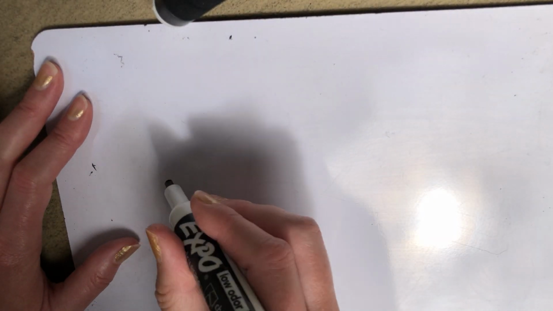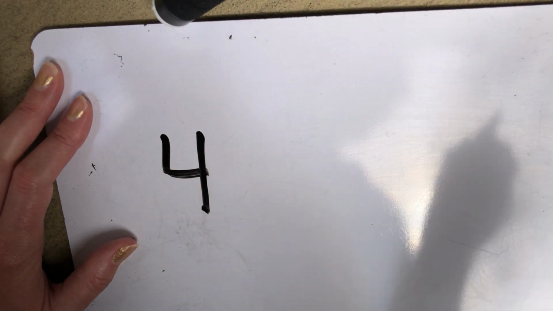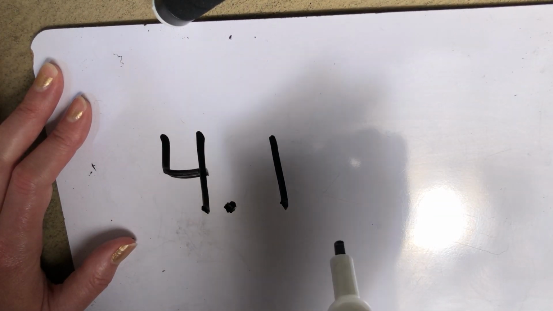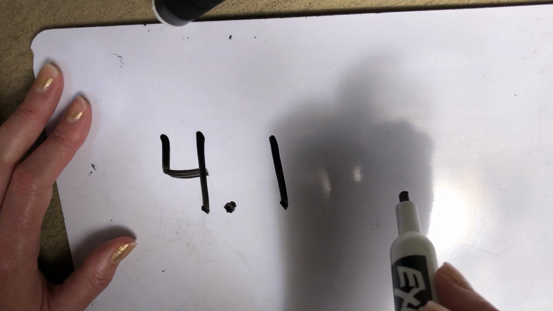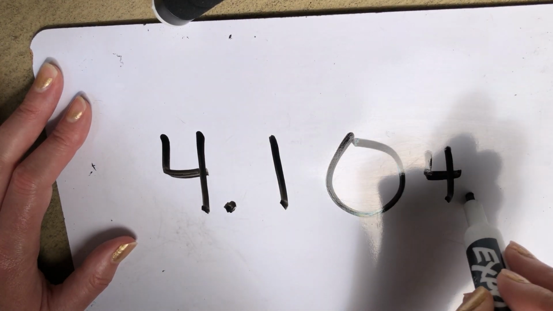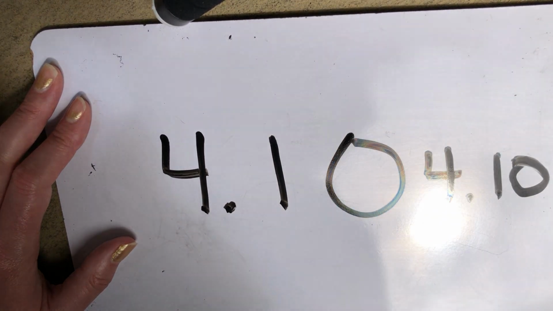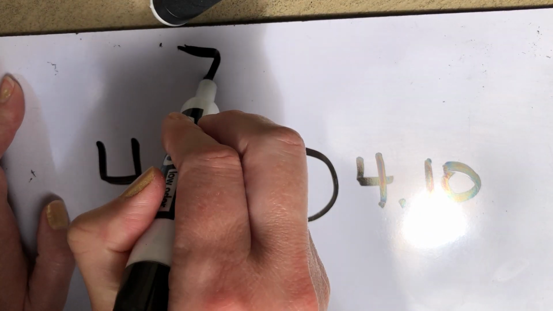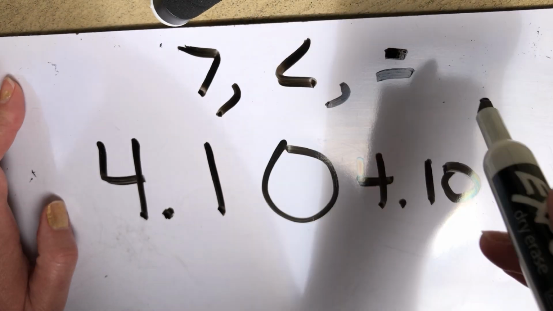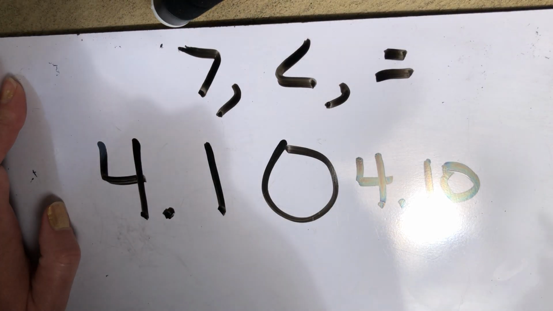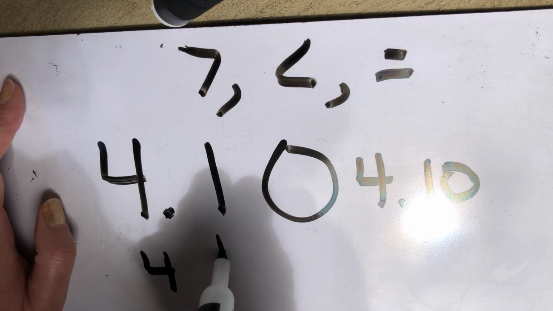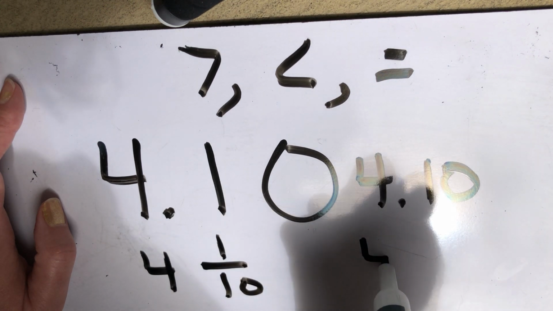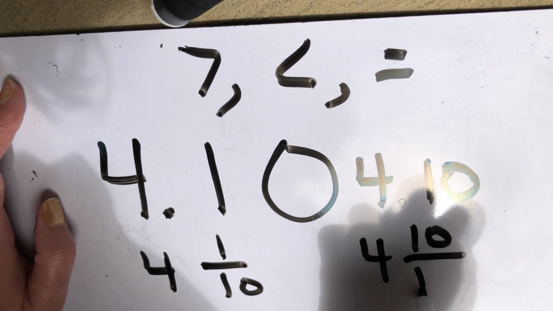Let's compare one more. Don't let this one trick you. What if you have 4 1/10 and 4 10/100ths? You wanted to compare. Well, 4 1/10, 4 10/100ths.